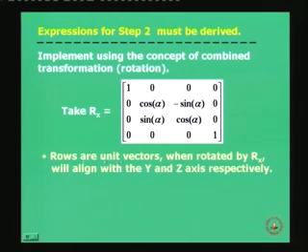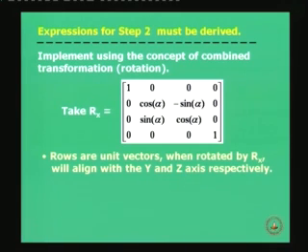If rows are unit vectors, it is very easy to see here that due to the orthogonal property of this Rx matrix, the rows and the columns are unit vectors. So take the rows as unit vectors, and when these unit vectors are rotated by this rotation matrix Rx, they will align with the y and z axis respectively. It is difficult to straight away visualize when I am making this statement, but I will explain that soon with the help of a figure. Just note down now that the rows are unit vectors.